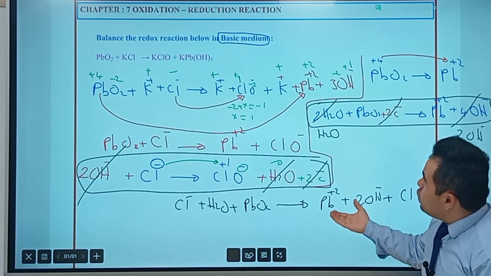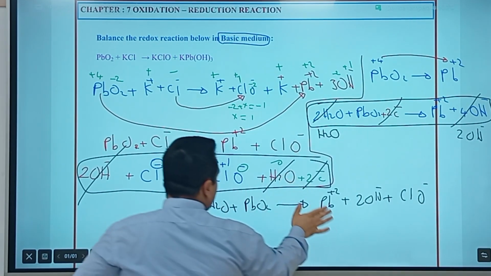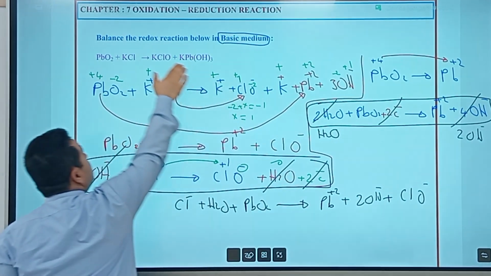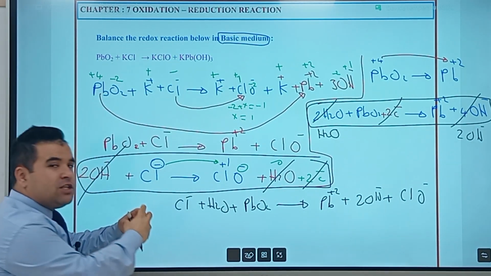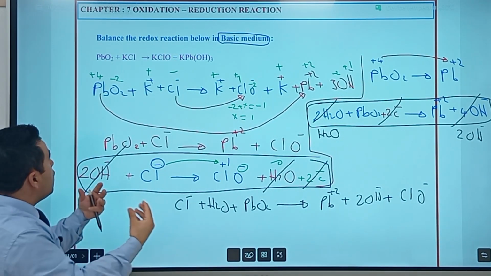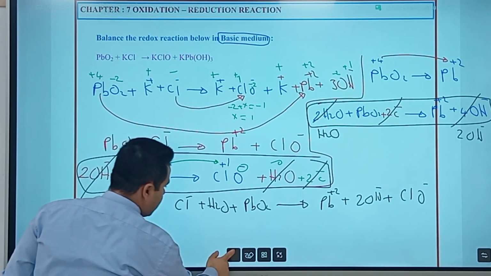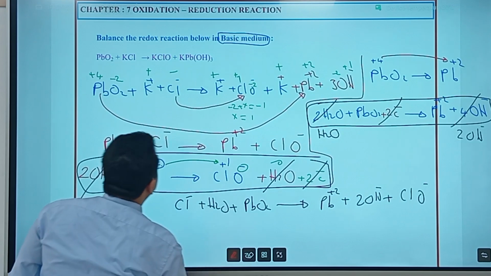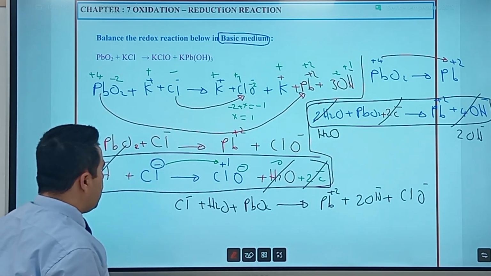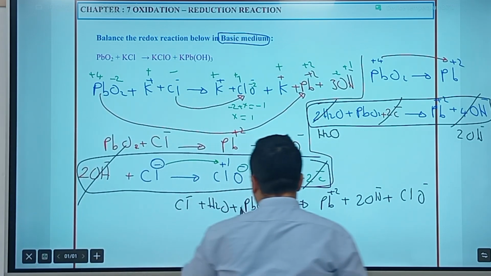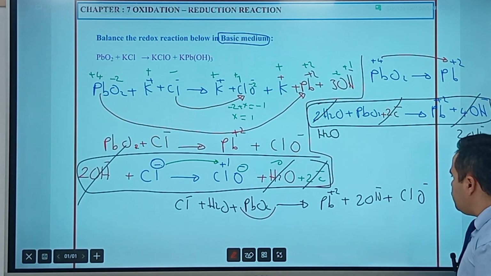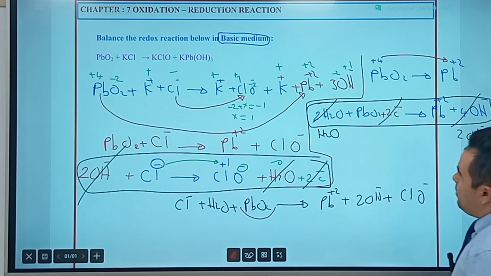In this stage, we have to compare this to the above. What dissociated or separates, we have to take in the same proportion to combine them together. What's not separated, as you can see, the PbO2 stays unchanged. So we will not change the PbO2 for any purpose.